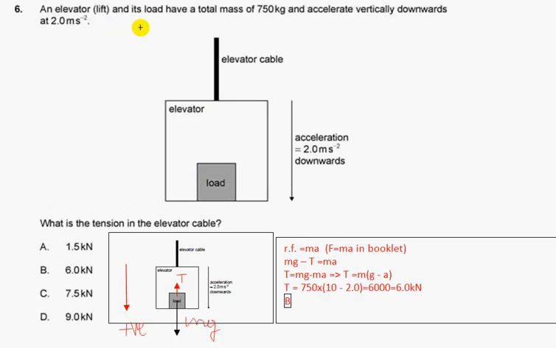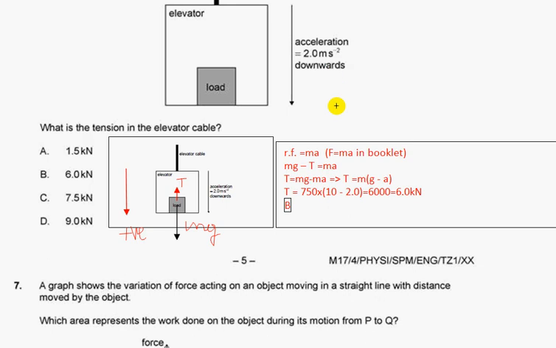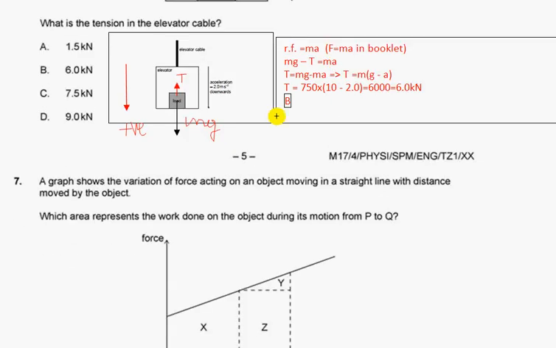An elevator, lift, and its load have a total mass and accelerate vertically downwards. What is the tension in the cable? Again, I have copied the elevator. I choose positive direction down. So the lift and mass have a force acting down, mg, weight, and the force from the cable, tension. Because it accelerates downwards, mg is greater than tension.